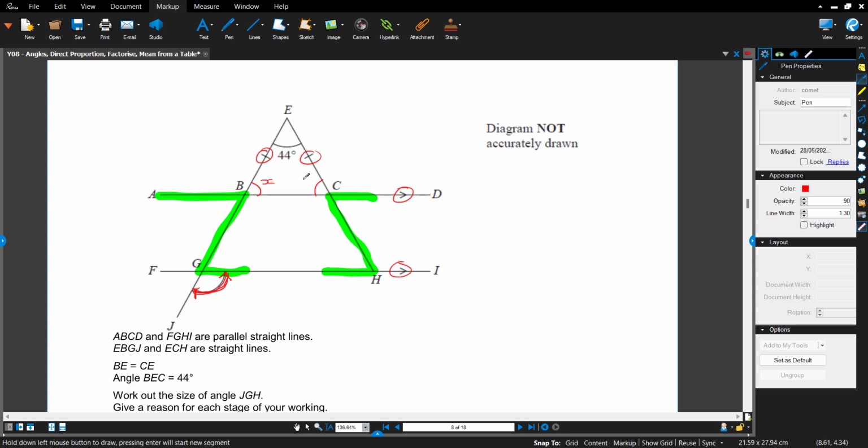So let's just call it X, and call that X. We need to give a reason for each stage of working. Okay, I'll show you now. Let's go angle EBC.